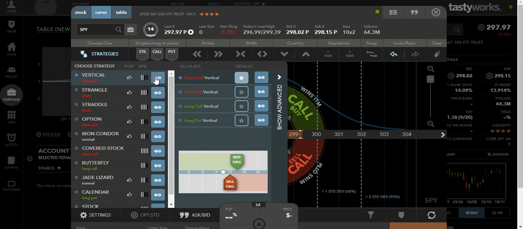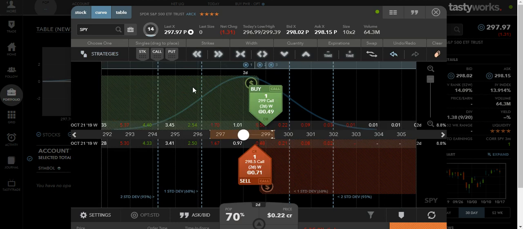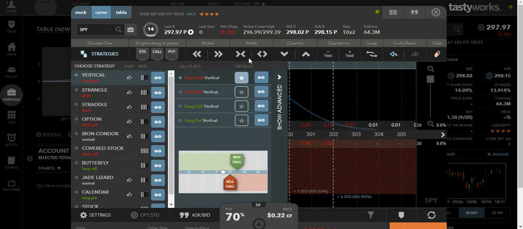So let's go ahead and check what this vertical, well actually, now there's 4 different versions. I'm not going to go into great detail about what all these are, but you can buy a call credit, a put credit, a call debit, and a put debit. One you're receiving a credit, and the other they're taking a debit.